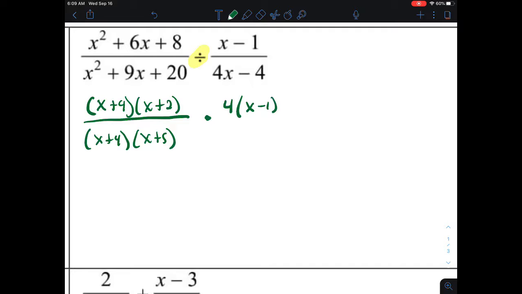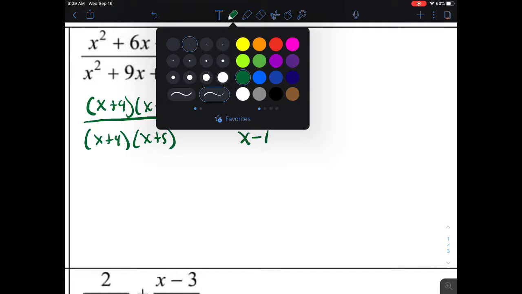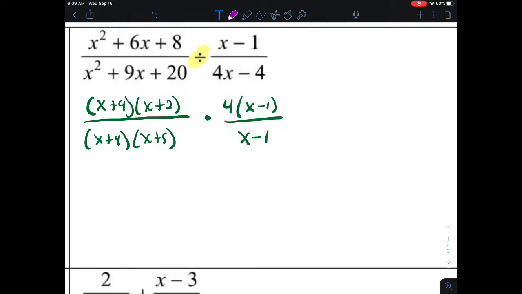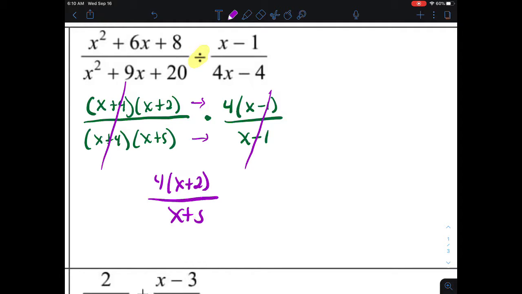Skip, change, flip. Now I look to start trying to cancel. The x plus 4s are going to cancel here. The x minus 1s are going to cancel. Now that I did the skip, change, flip, I multiply straight across to what's left. We'd have 4 times x plus 2 over x plus 5.